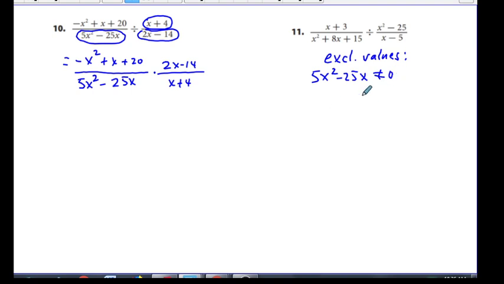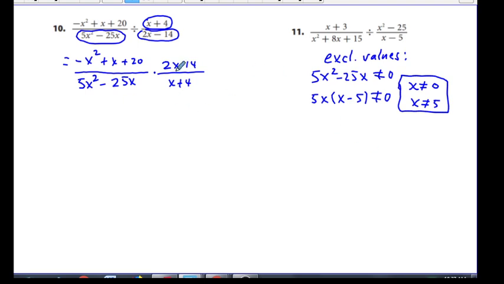And so our common factor here is going to be 5x times x minus 5 cannot equal 0. So x cannot equal 0, x cannot equal 5. Okay, so these would be two of our excluded values.